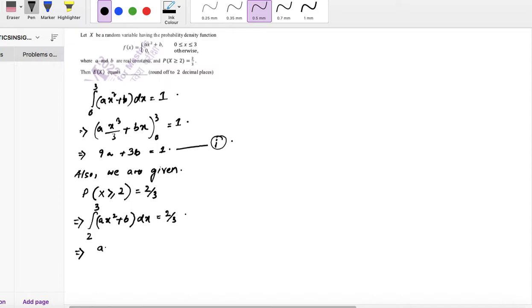So let's compute the integral. ax cube by 3 plus bx within the range of 2 to 3 is 2 by 3. So let's substitute the values of upper limit and the lower limit. What we get? 9a plus thrice b minus 8 by 3 a minus twice b, that equals to 2 by 3.